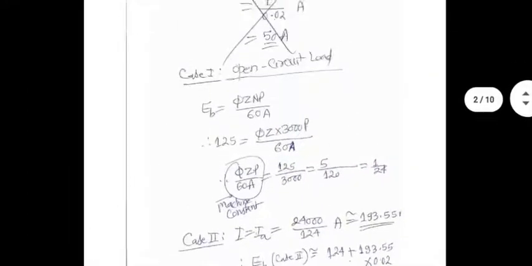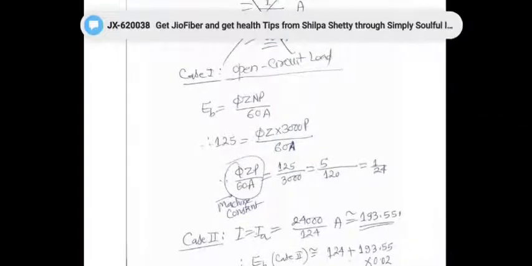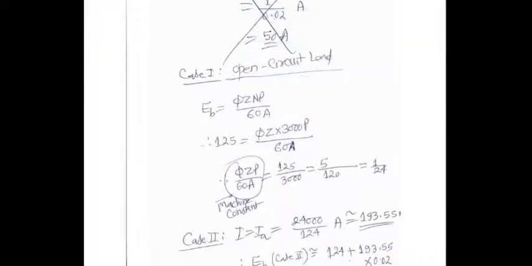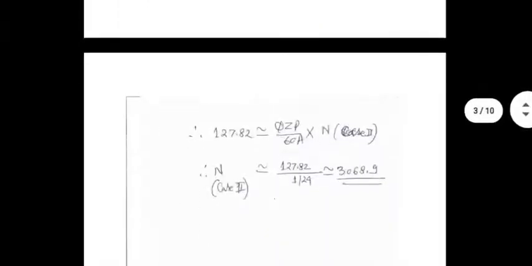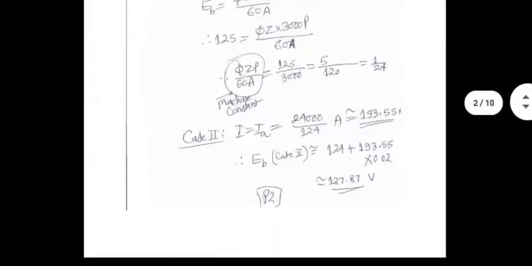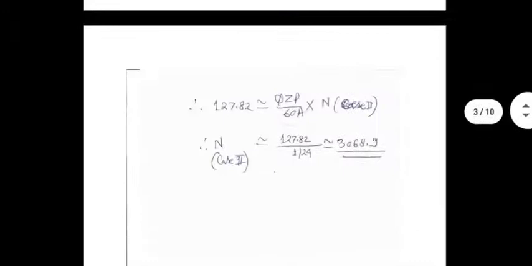And that is where we'll have to use this equation along with the known value of this constant phi ZP divided by 60A. Phi ZP divided by 60A is not going to change in case 2 because it is the same machine. But N will be different. And EB is given in the second case as 127.82, I think it is, not 87.